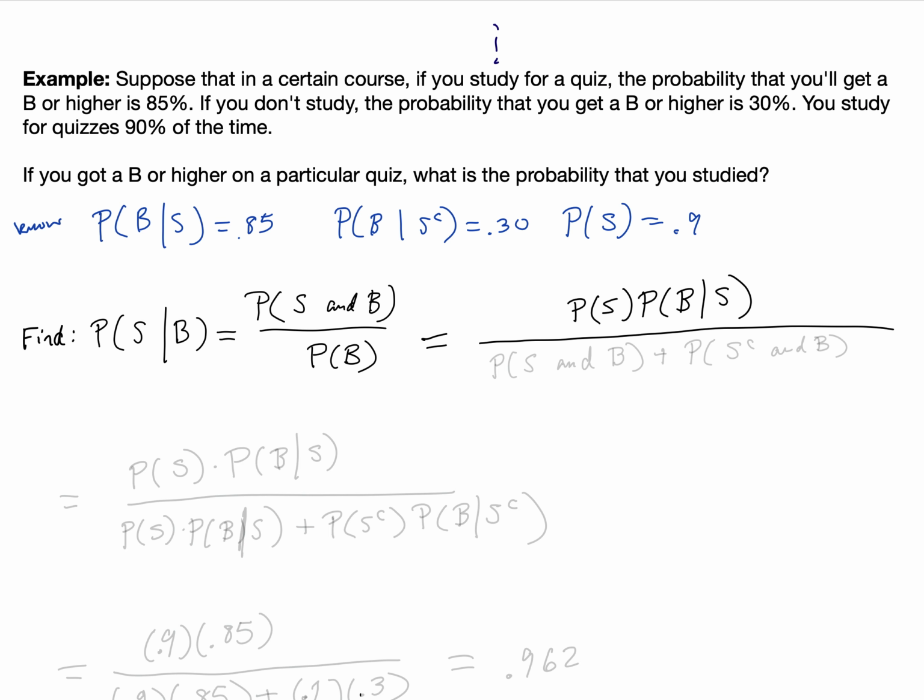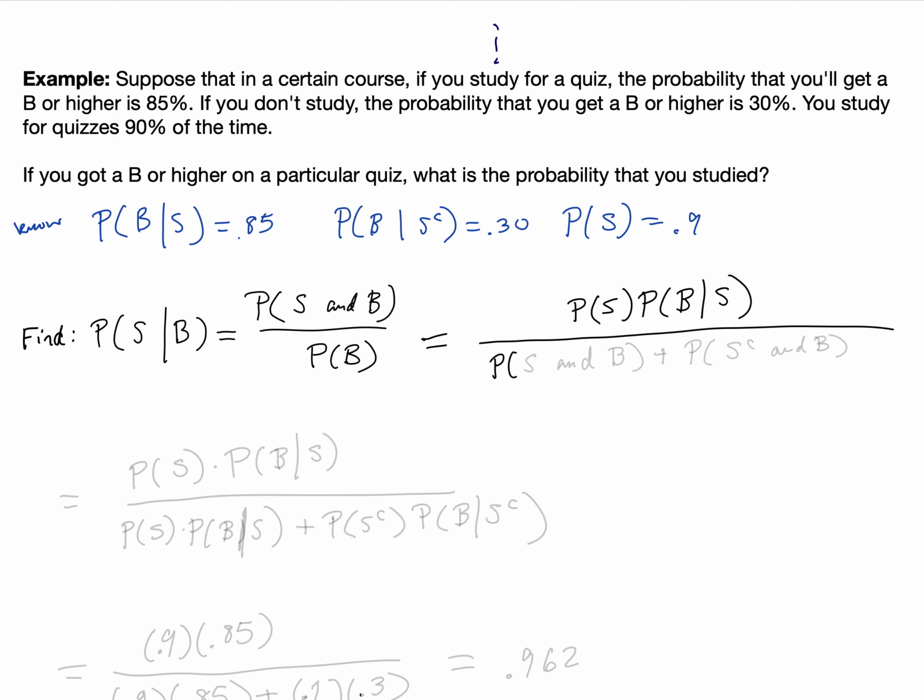In the last video, we saw that one way we can think about this is dividing up the event B into either the event that B happens after we studied for the quiz, or the event that B happens after we did not study for the quiz.